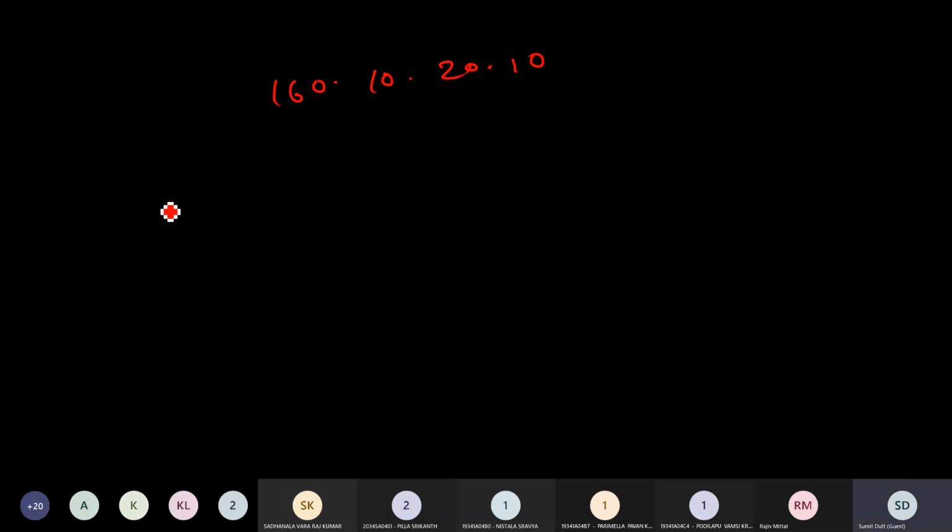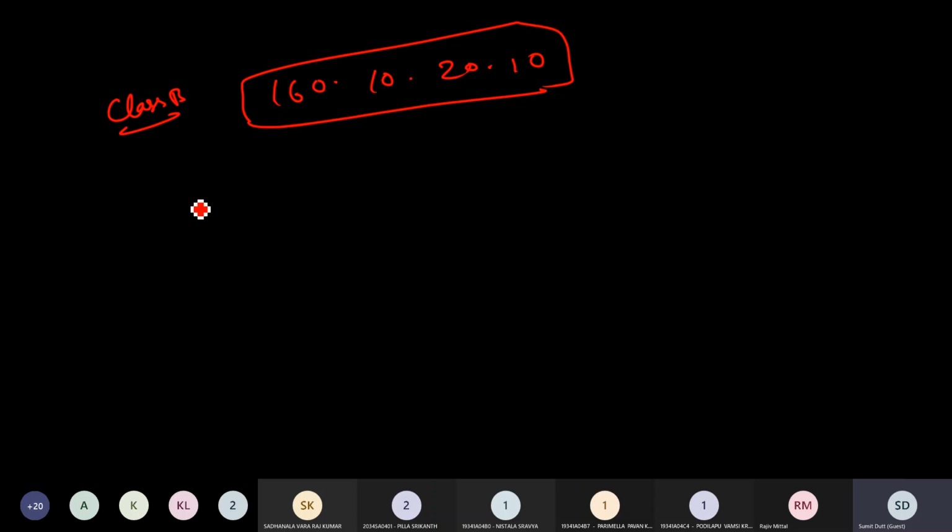Am I clear? So suppose this is my IP address and I want to tell my interface card that this is a class B IP address, I have to use some mechanism with the help of which a NIC card can understand that these two are network octets and these two are host octets. So that concept is called default subnet mask.